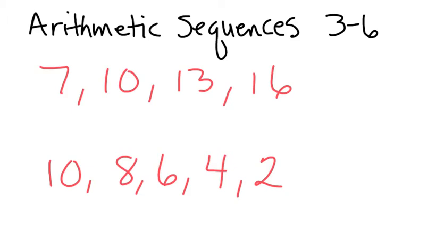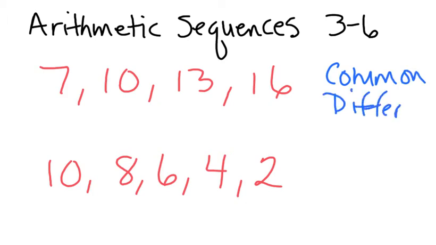What makes it an arithmetic sequence is it has something called the common difference. The common difference is either a positive or negative number representing plus and minus that tells you what's happening in between the terms in the sequence.